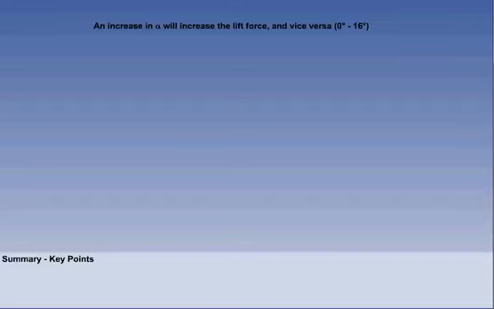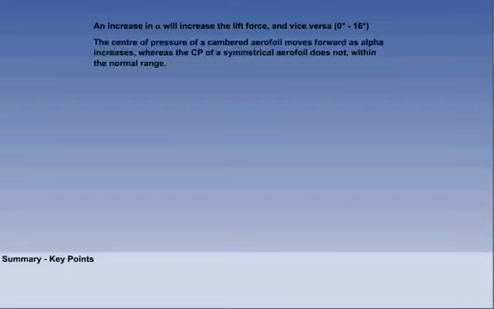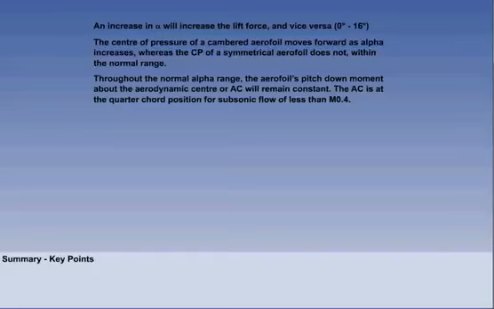The center of pressure of a cambered aerofoil moves forward as alpha increases, whereas the CP of a symmetrical aerofoil does not, within the normal range. Throughout the normal alpha range, the aerofoil's pitch-down moment about the aerodynamic center, or AC, will remain constant. The AC is at the quarter chord position for subsonic flow of less than Mach 0.4.